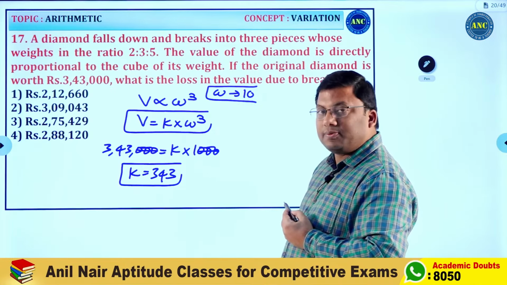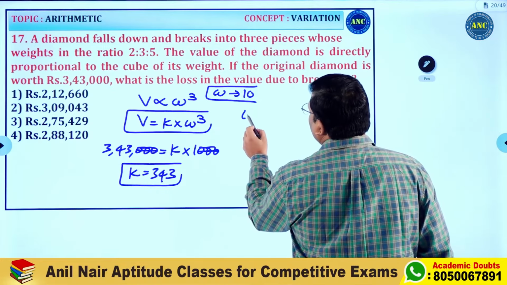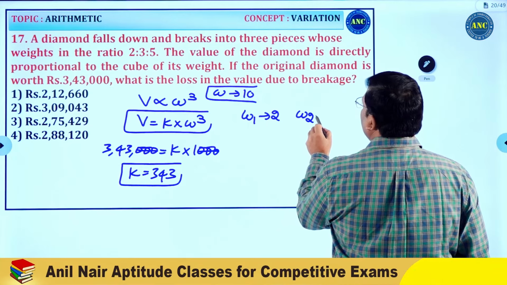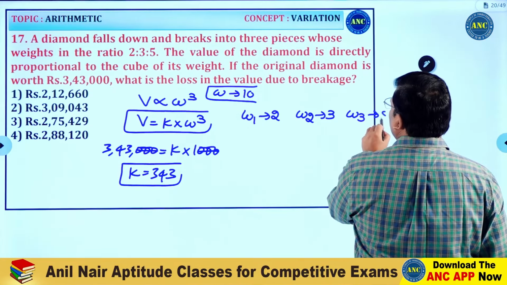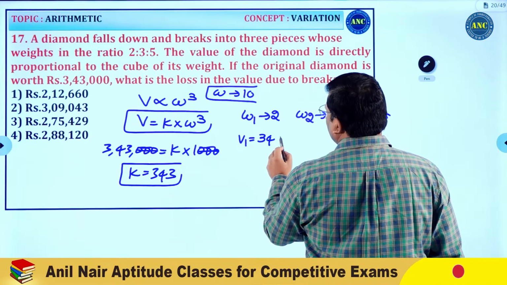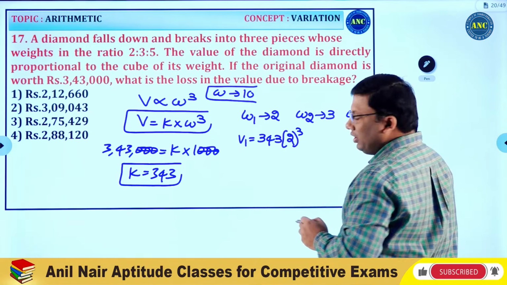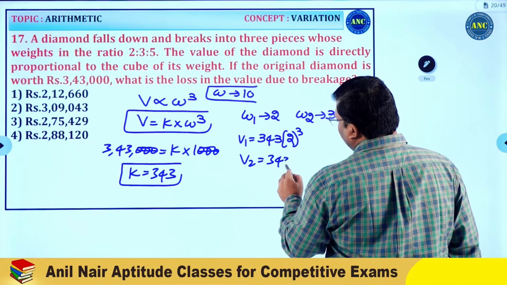Value of the diamond is proportional to the cube of its weight. Now it has been broken into 3 parts. W1 is 2, W2 is 3, W3 is 5. So V1 will be 343 into 2 cube. Am I right? V2 will be 343 into 3 cube.